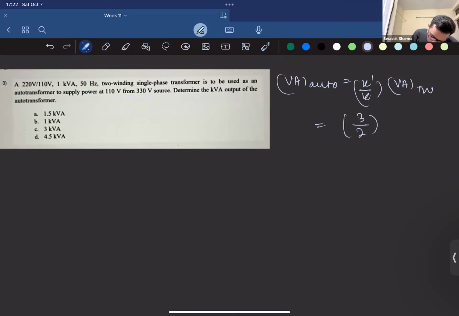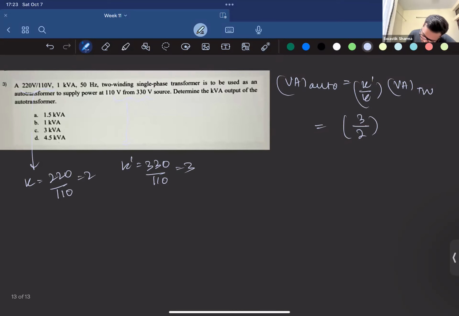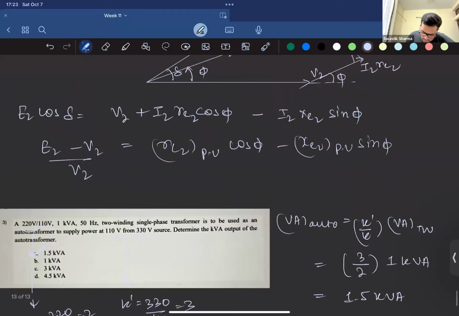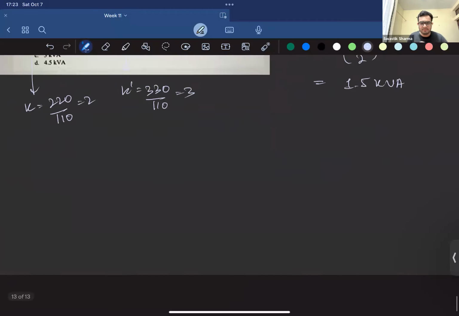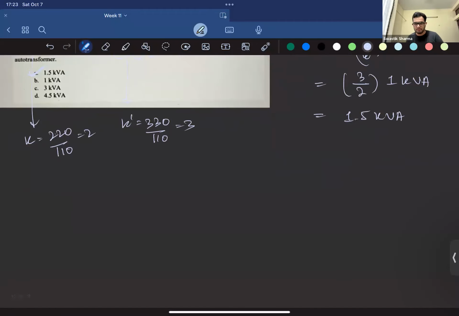K dash is 330 by 110, which is 3, and K is 220 by 110, which is 2. So VA of that is 1 kilovolt ampere. So that means it is 1.5 kilovolt ampere. So the answer is A. Right? It's an easy question. So any doubts until now? If you have doubts, you can always unmute yourself and let me know.